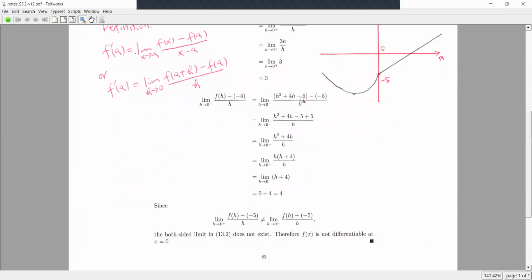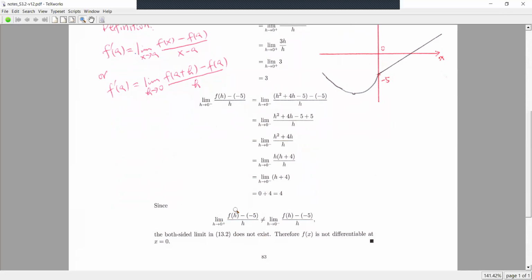Remove the parentheses, then I have this equation. Cancel the number 5, I have this equation. Take out h from the top and cancel h, then I have this equation. Now h approaches 0. Plug in 0 for h, then this limit is this number. The number is negative 4. So left-hand side limit is negative 4.